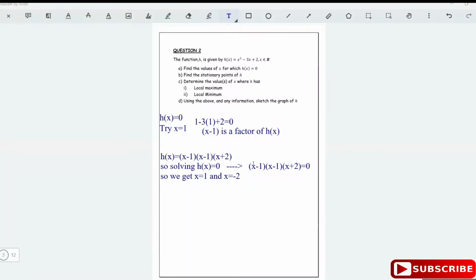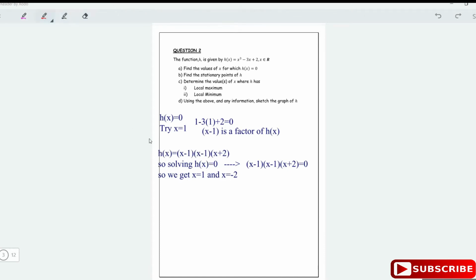So that is what we get. We get x equal 1 and x equal negative 2. That takes care of part A.